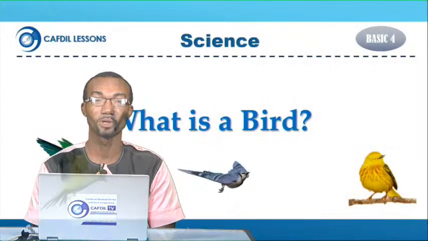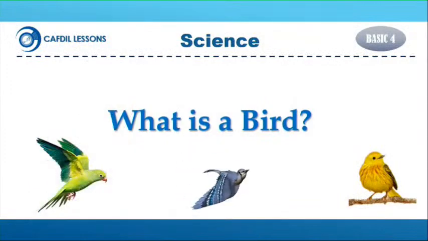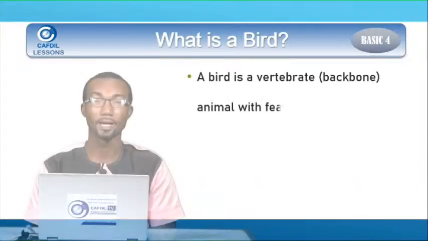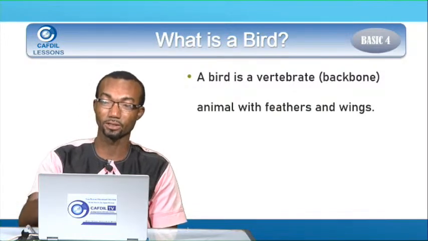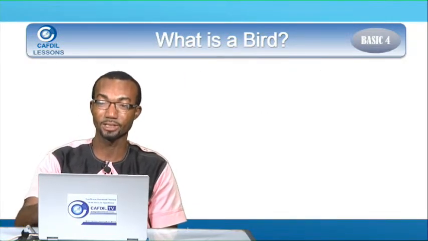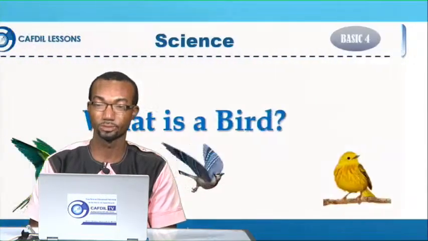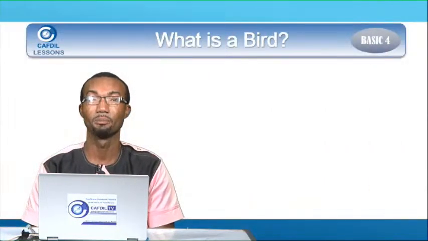Let's begin with what a bird is. What is a bird? A bird is a vertebrate animal with feathers and wings. And when we say vertebrate, we are talking about animals having backbone.